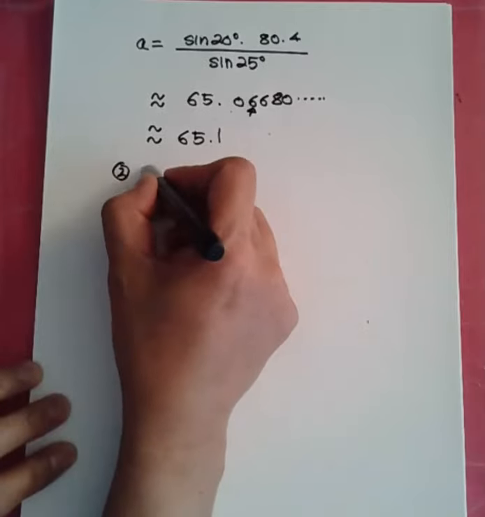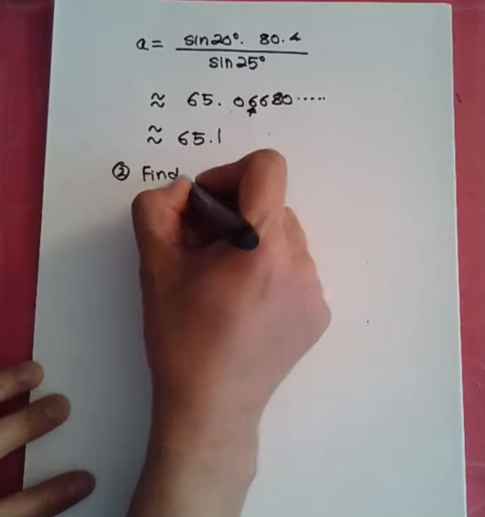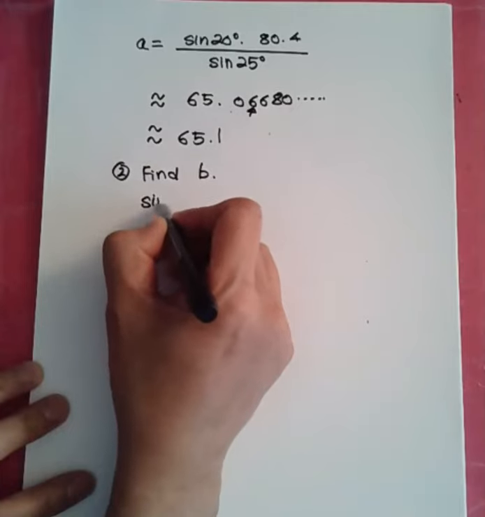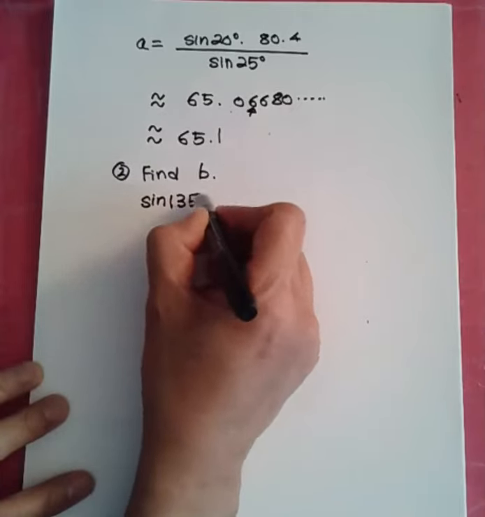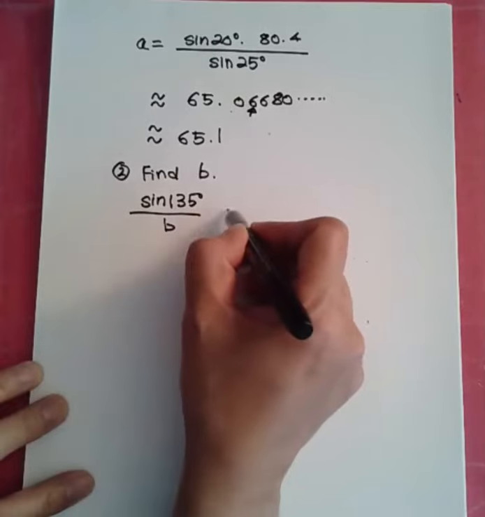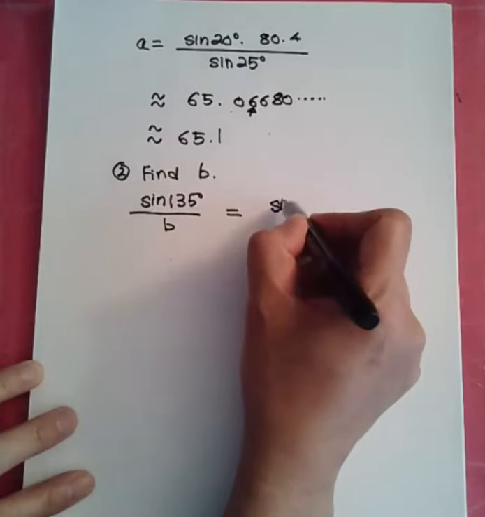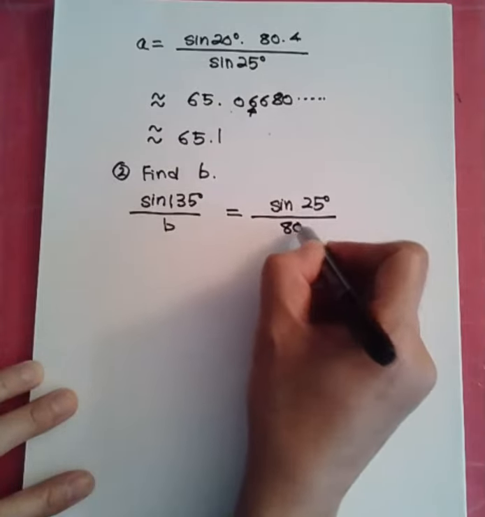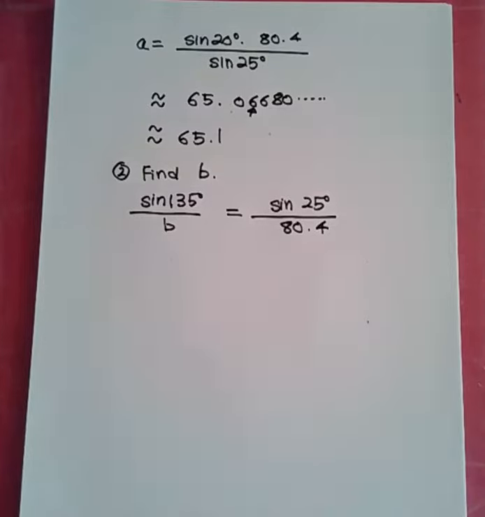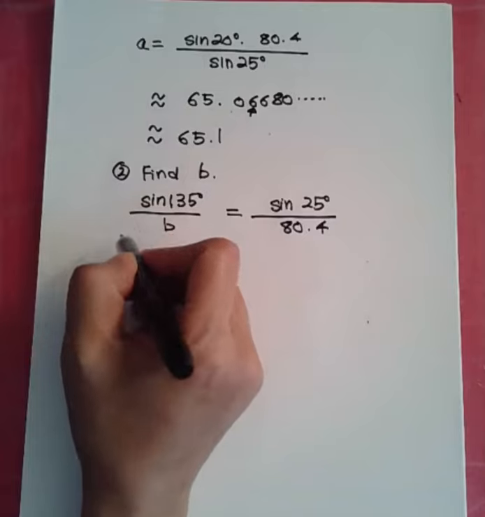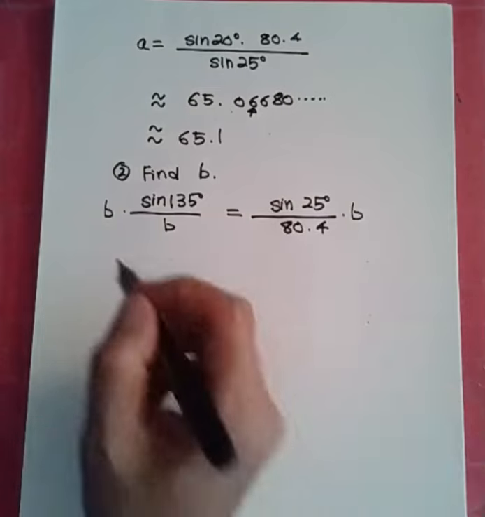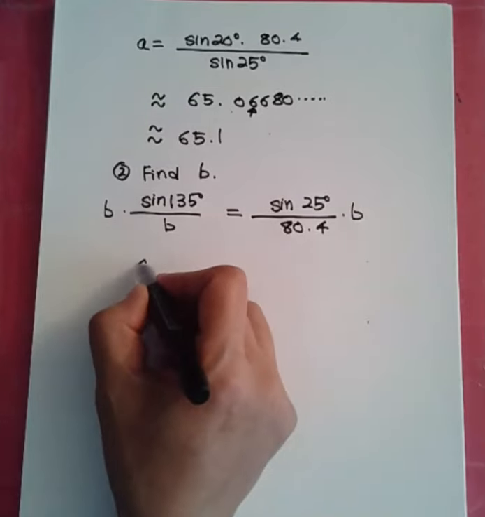Let's find B. This time we will use sine of 135 degrees over B equals sine of 25 degrees over 80.4. So we do the same thing. We multiply by B on both sides, and then we multiply by the reciprocal.